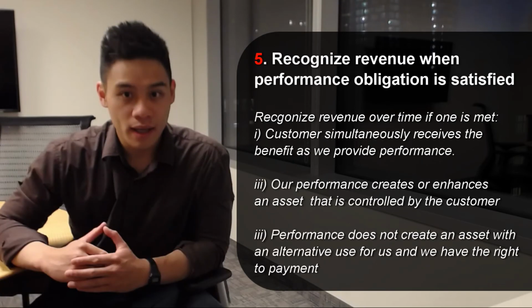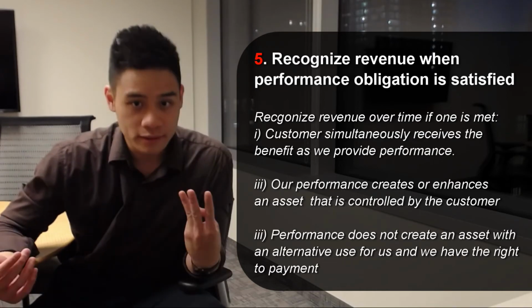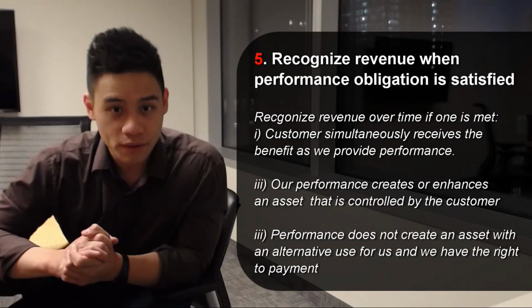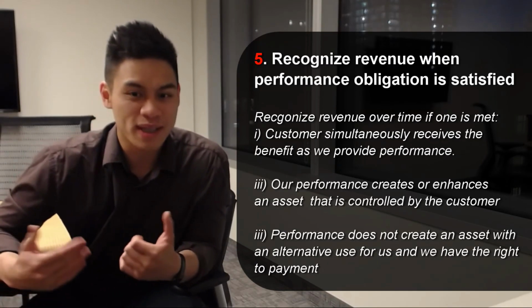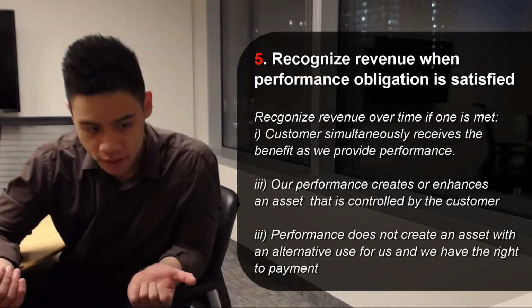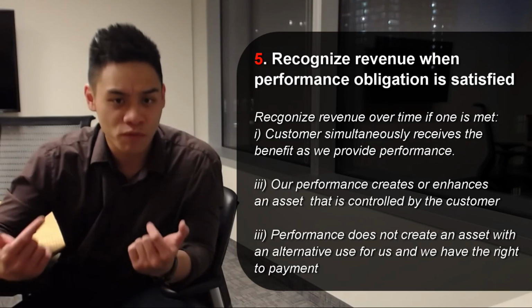Revenue can be recognized over time if one of the following criteria is met. So there are three criteria. The first is the customer simultaneously receives and consumes the benefit provided by the entity's performance as the entity is performing it.